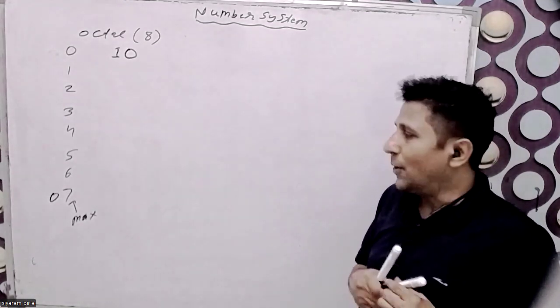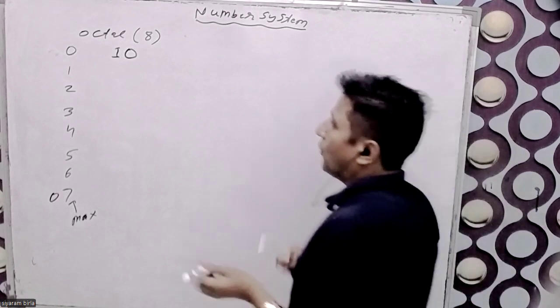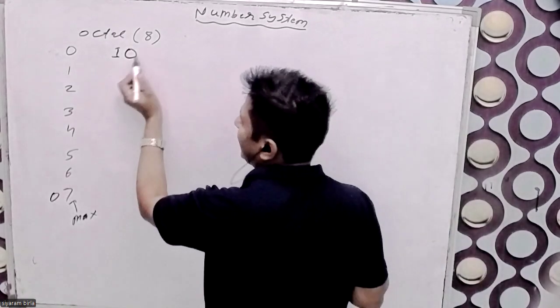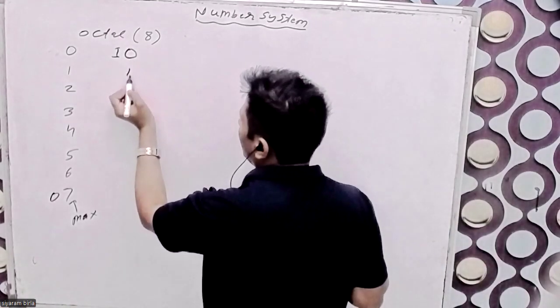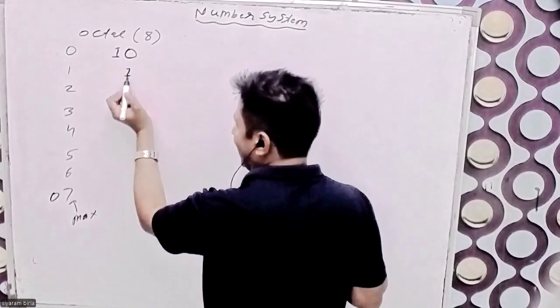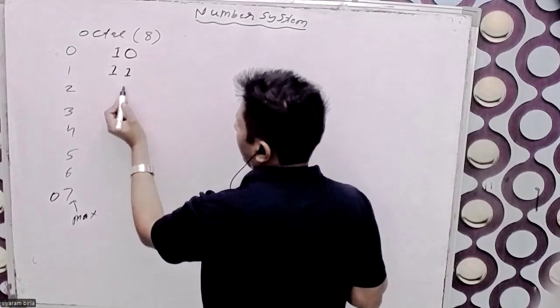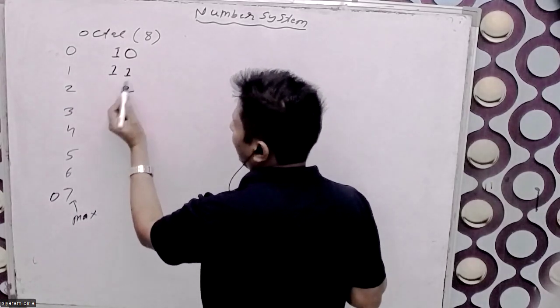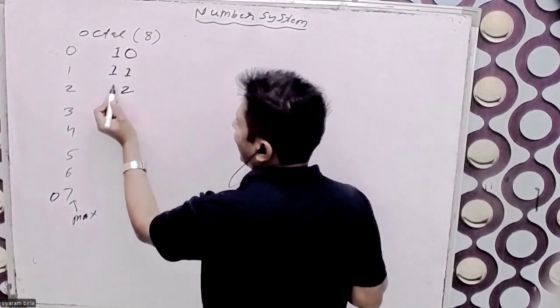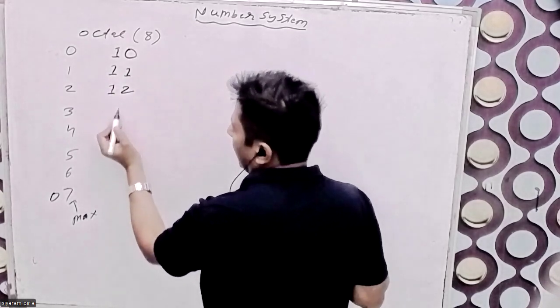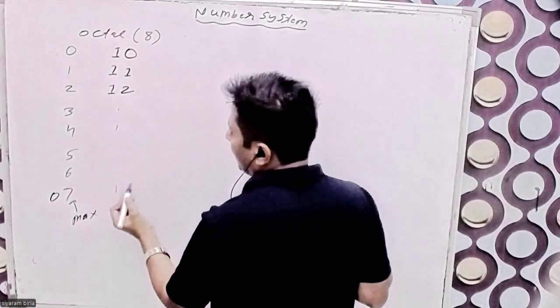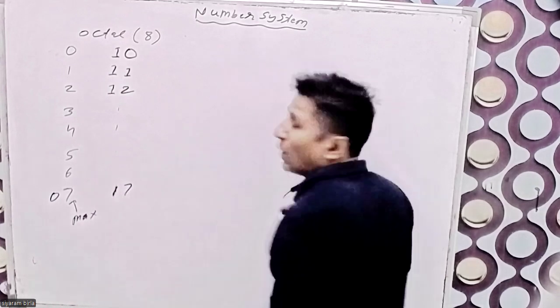Now we tell the least significant digit to please increase by 1. It increases, and the next digit stays as it is. Like that it goes up to 1, 7.